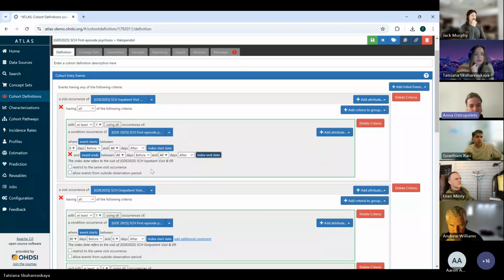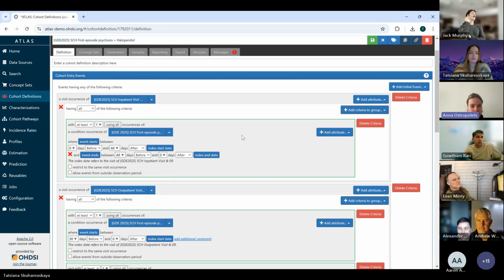And index end date. So index end date is the end of the visit, I think. And then you want your condition to start between all days before and 0 days after. Yes, 0 days after. And then event starts, not event ends.